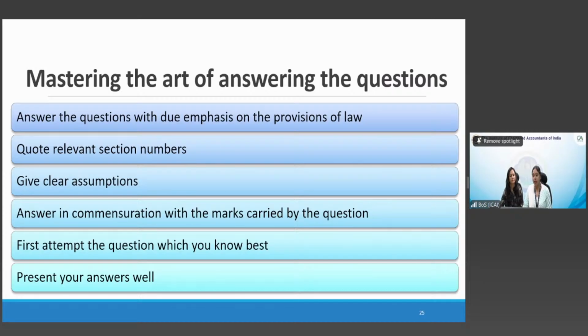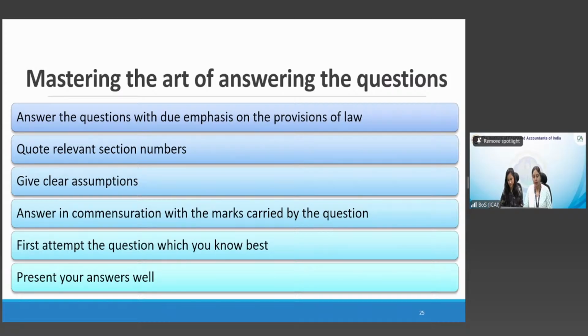Mastering the answers, the art of answering the question. All the questions should be answered with relevant provisions, corroborated with due emphasis on the provisions of law. Section numbers, notifications and circulars: you should quote them only when you know them for sure. Otherwise, focus first on the provisions and then on section or rule numbers, notifications or circulars if you know them for sure.